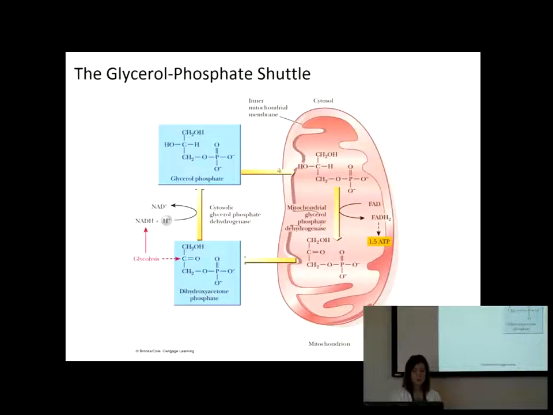Glycerol-phosphate is permeable to both the inner and outer mitochondrial membranes. Once inside the matrix, the glycerol-phosphate gives the electrons to FAD to make FADH2. The FADH2 enters the electron transport chain and only makes 1.5 ATPs.